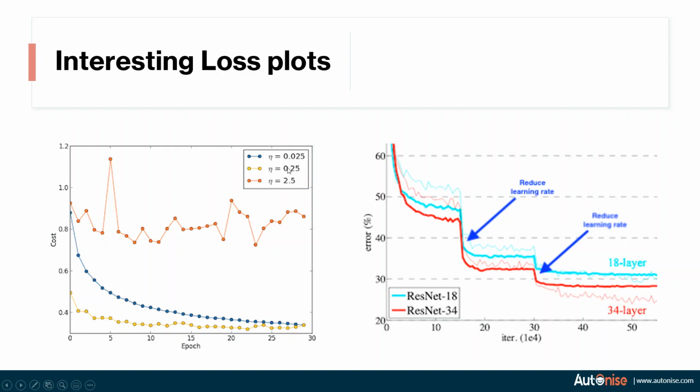With a learning rate of 0.25, we are able to reach the cost function value after only 5 epochs, which takes nearly 25 epochs with a learning rate of 0.025.